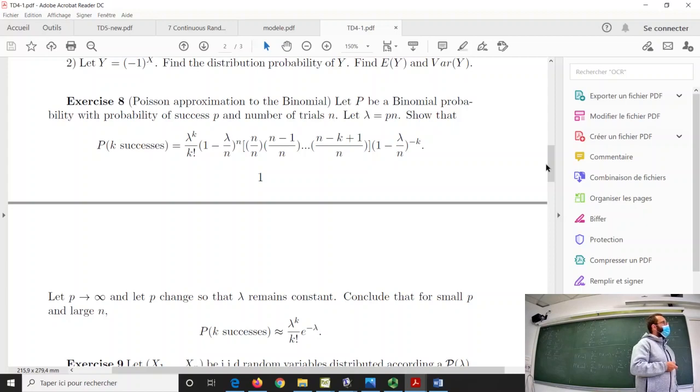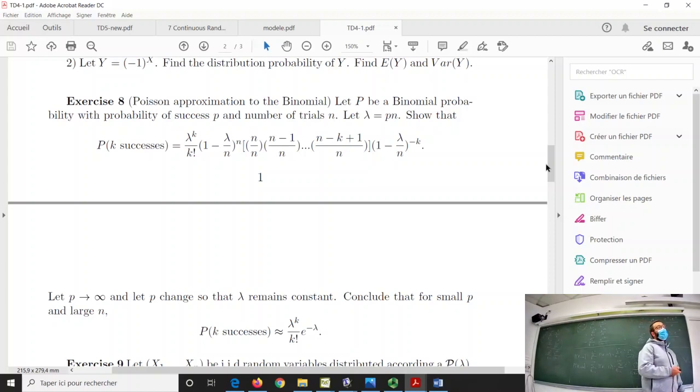Why is it completely stupid to write this? No, not equal to 1. No, p is the probability. It's a number between 0 and 1.